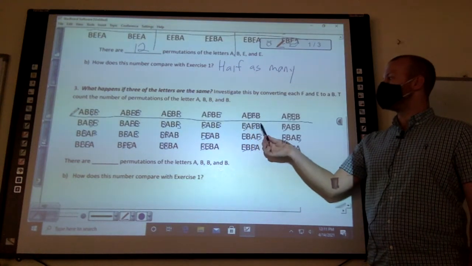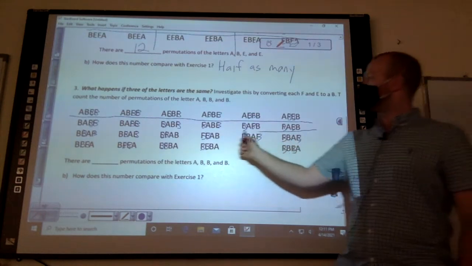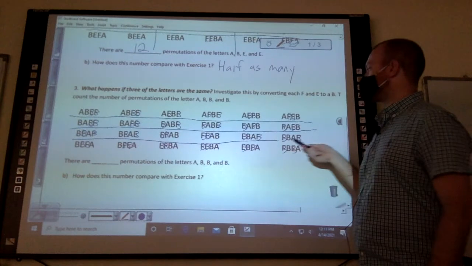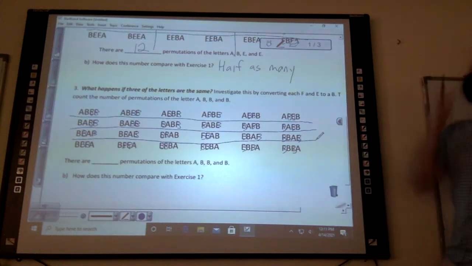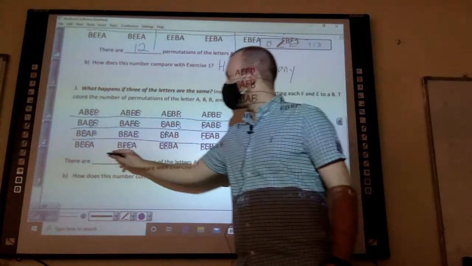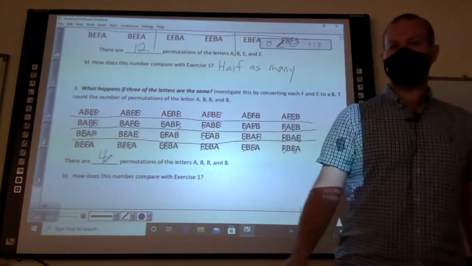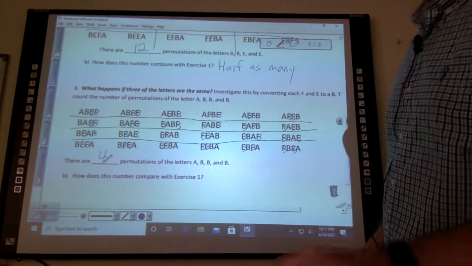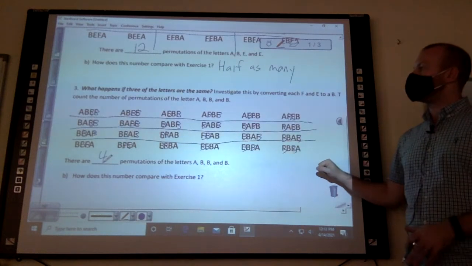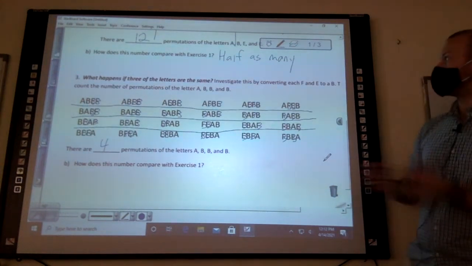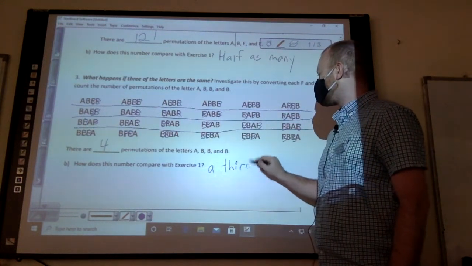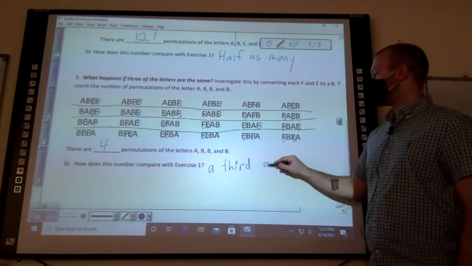B, A, B, B. The entire second row is the same. The entire third row is the same. The entire fourth row is the same. So now that I've only got a single letter with 3 repeats, I've only got 4. Exactly. So how does this compare to the one we just did? Well, now I've got a third.